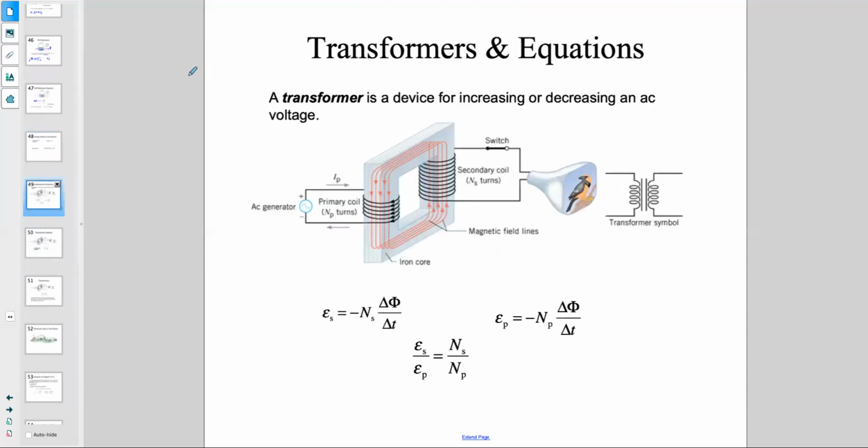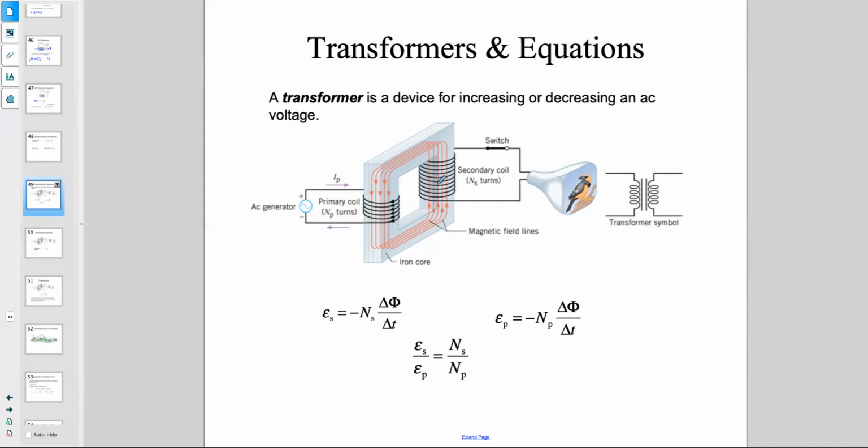Transformers and their equations. A transformer is a device for increasing or decreasing an AC voltage. Okay, so I have an AC generator going to this primary coil, and then I have magnetic field lines going through this iron core because of the existence of this primary coil. The number of turns between the primary coil and the secondary coil are different.